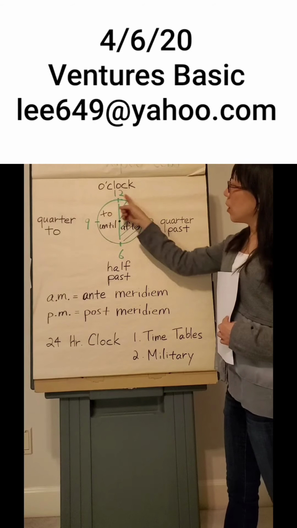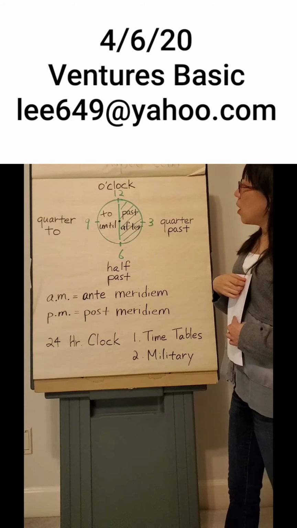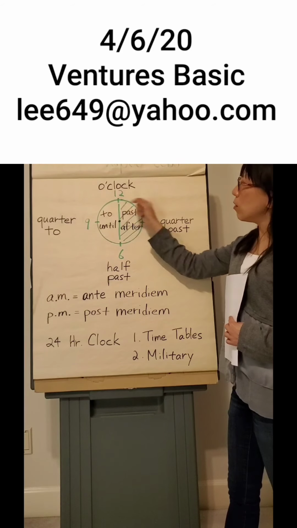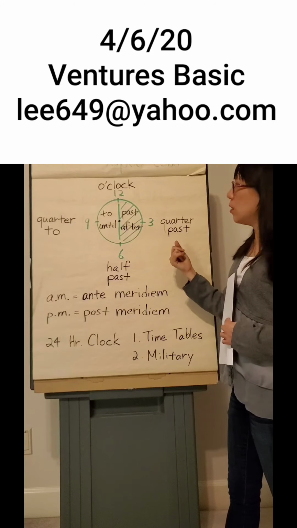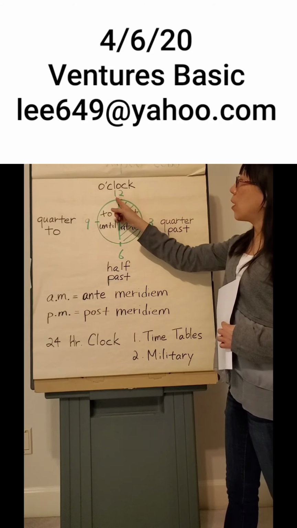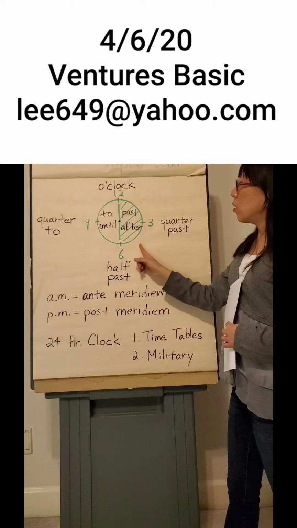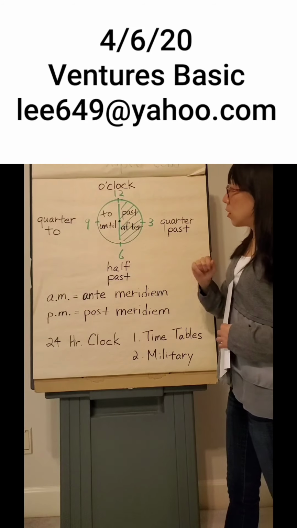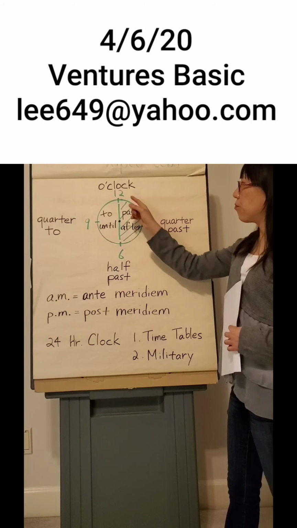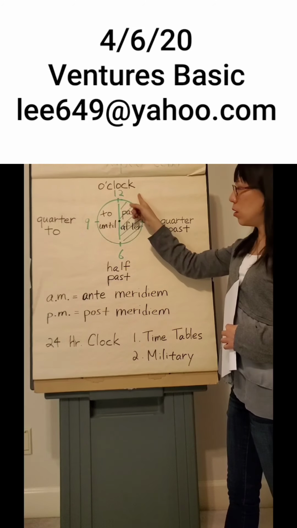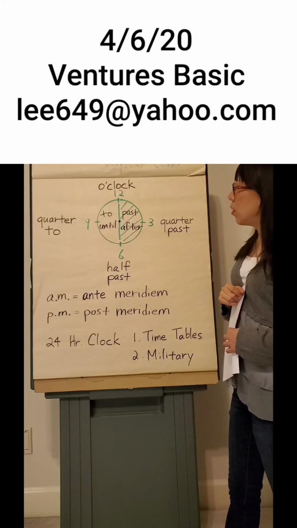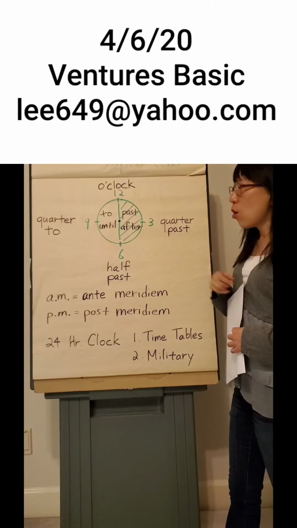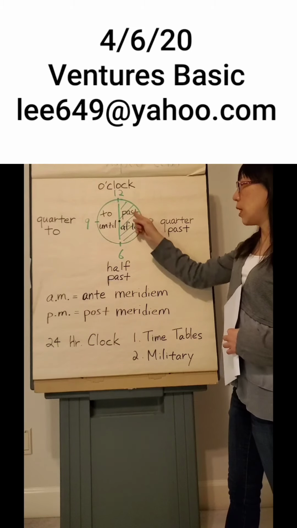When you look at the clock right here, anytime after 12, I'm talking about the minute hand, when the minute hand passes 12 until 6, that will be 1 through 30, you could use past or after, same thing.